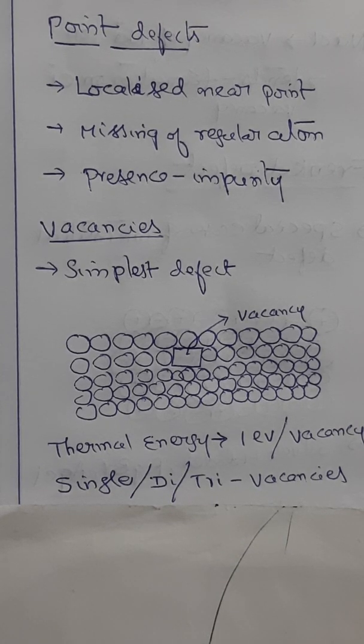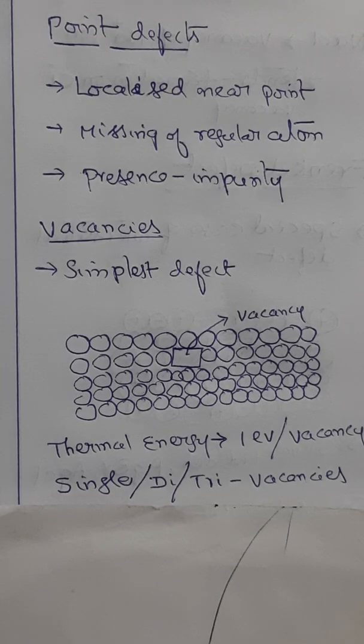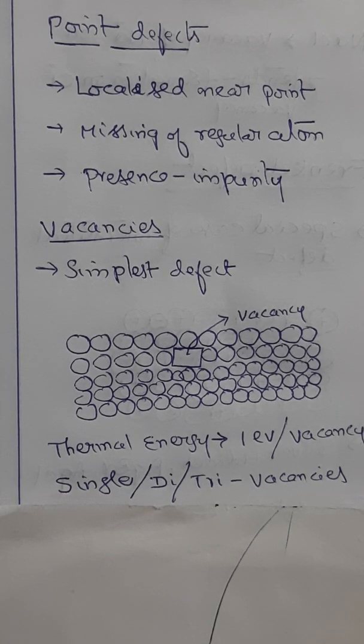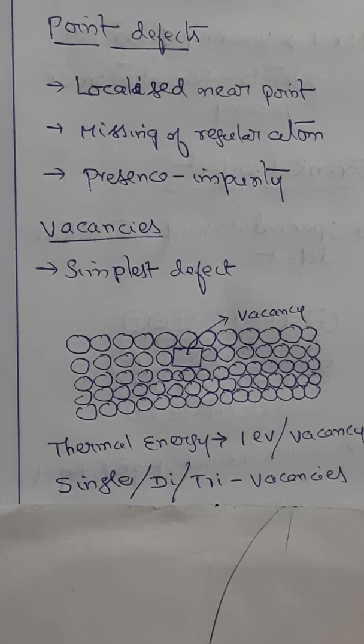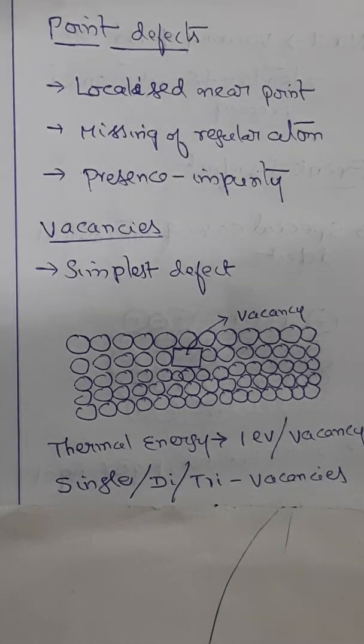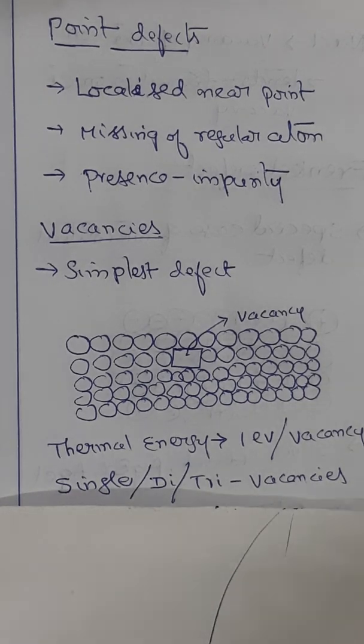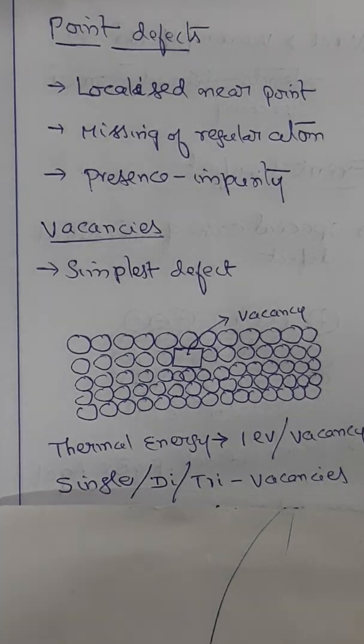The number of vacancies per unit volume of the crystal depends on the temperature. Depending on the number of atoms missing, there may be a single vacancy, if one atom is missing, or divacancies, if two atoms are missing, and trivacancies, if three atoms are missing, and so on. This is what we need to know about vacancy, which is one type of point defect.